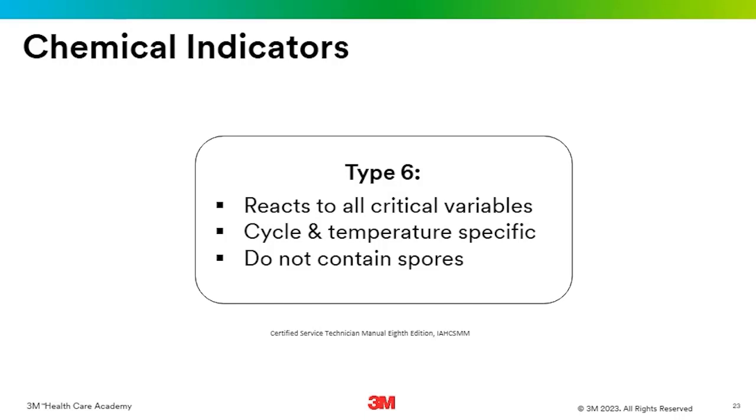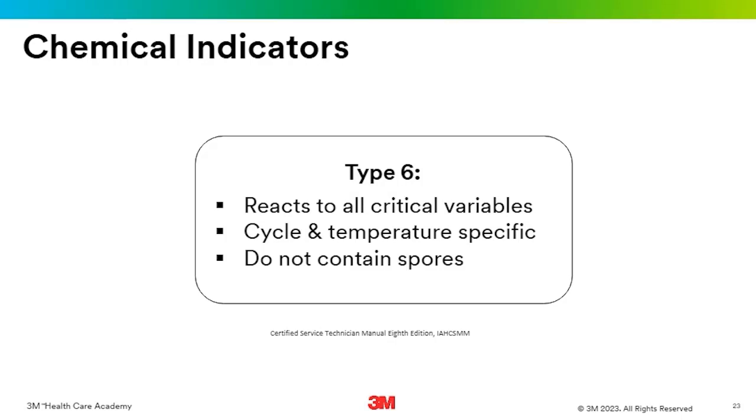So for example, an example of a type 6 indicator may be one that's designed to only change when 10 minutes of exposure time has occurred. That is a very specific niched variable that it's testing for.